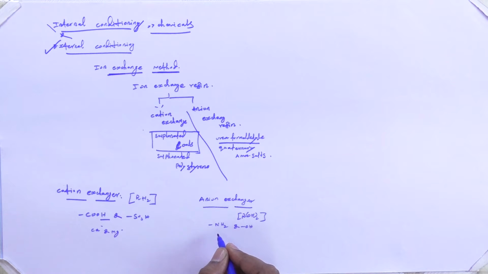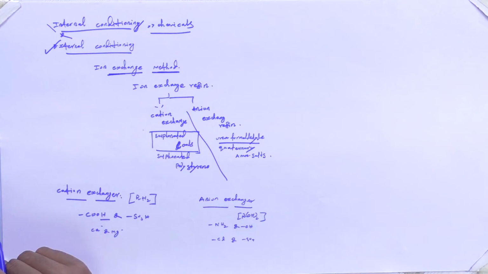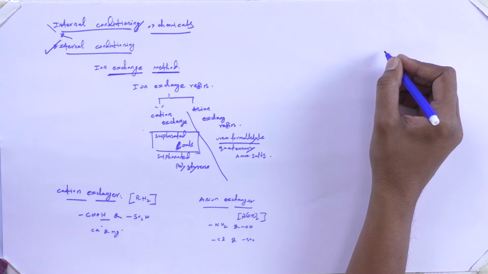These NH2 and OH groups replace the chloride and sulfate ions. Now we are going to draw the outline diagram of the ion exchanger.